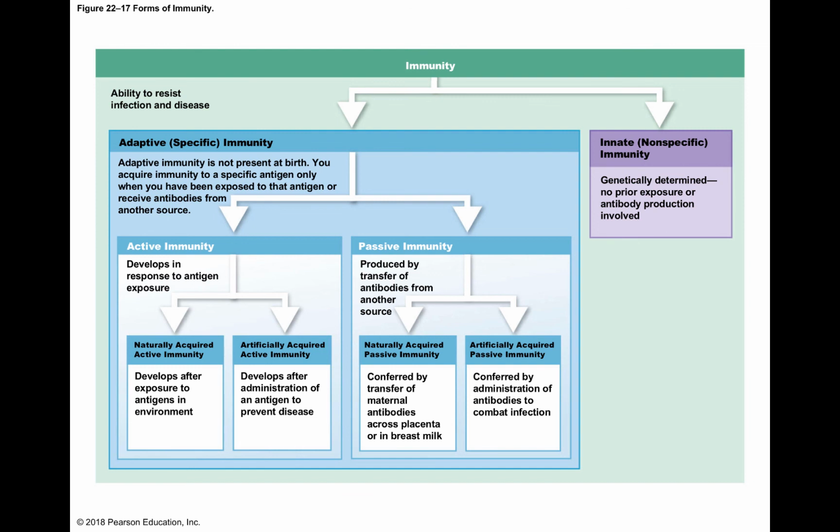That's one of the reasons why we say breastfeeding is so important. Those antibodies can cross into the breast milk, and then baby can get that breast milk. So naturally acquired passive, you're giving antibodies, it's coming through the environment, from mom to baby, right? All right, now let's look at the other ways.